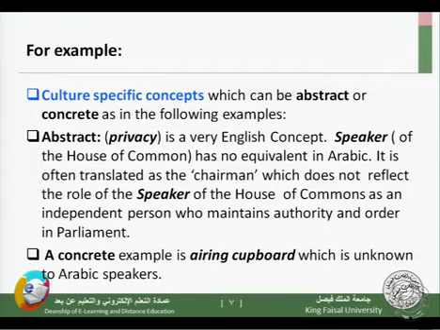There are so many types of words, but I have chosen certain types which are very common.